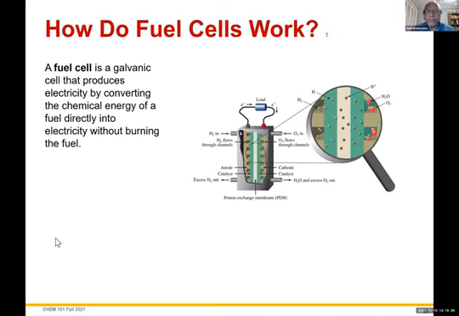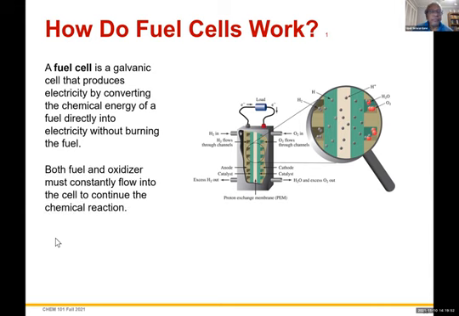So there's an anode and cathode. Anode is the hydrogen half of the reaction. Cathode is the oxygen half of the reaction. The fuel is hydrogen. Oxidizer is oxygen. They flow into the cell to continue the chemical reaction.